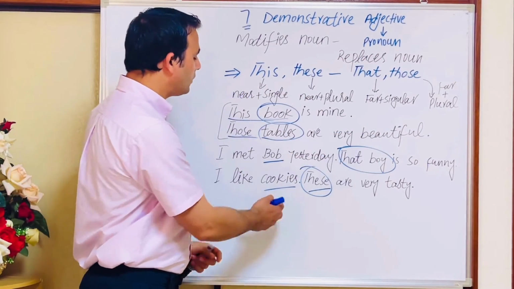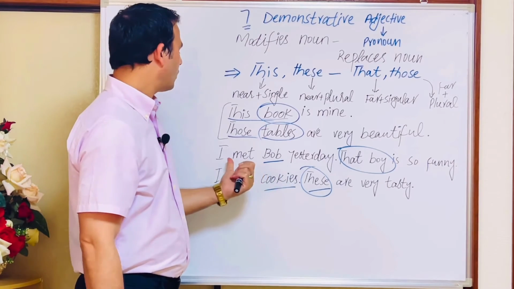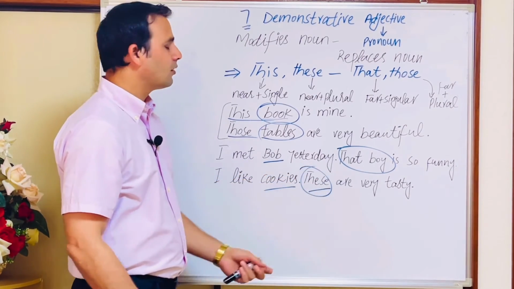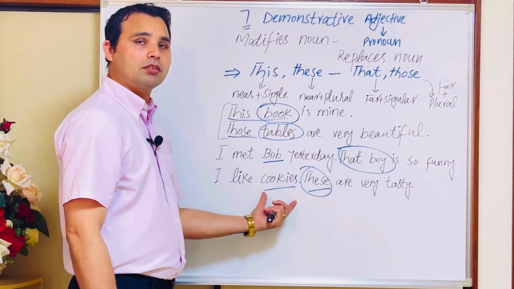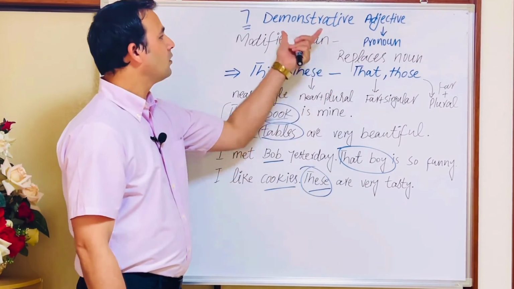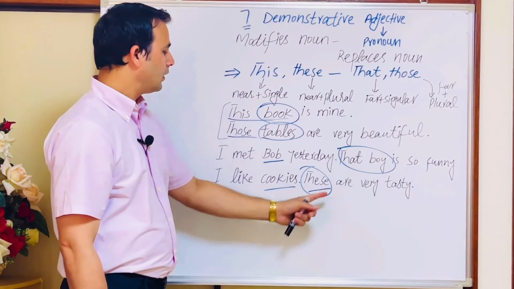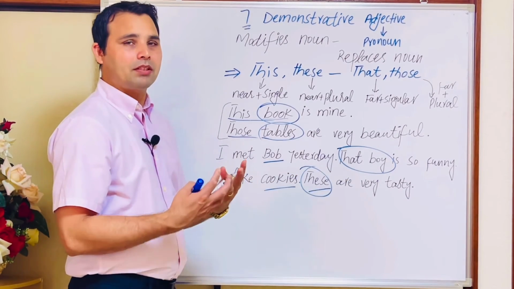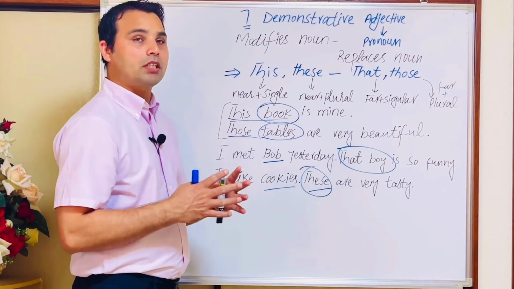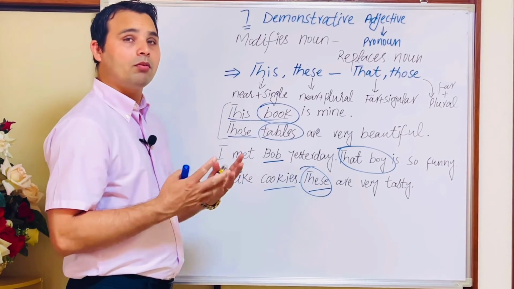Like I like cookies or I met Bob yesterday. In both examples, we have replaced our nouns with a demonstrative pronoun. These, that. So this is the major difference between demonstrative adjectives and demonstrative pronouns.